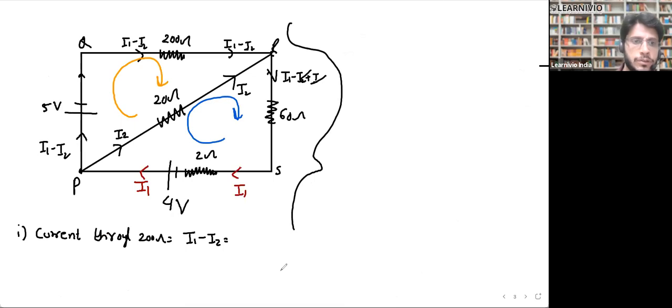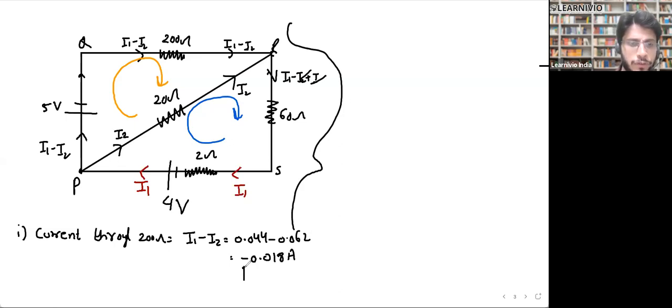So the current is 0.044 minus 0.062. When I subtract them, it's minus 0.018.